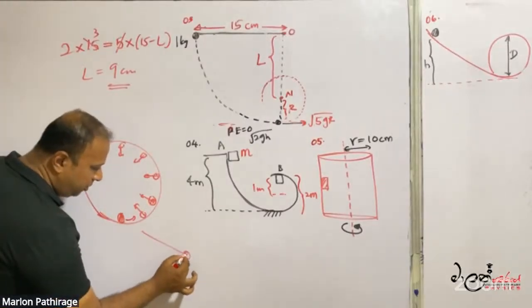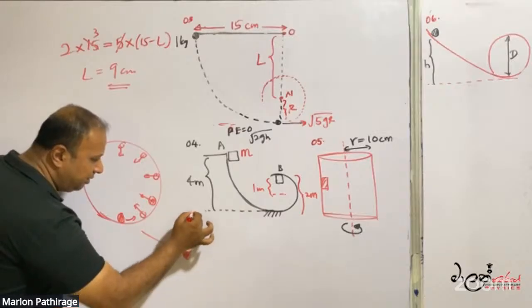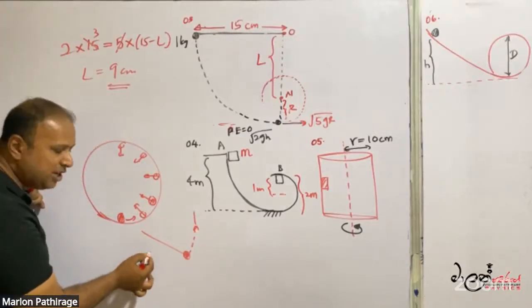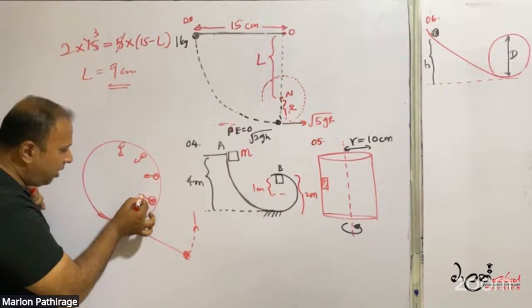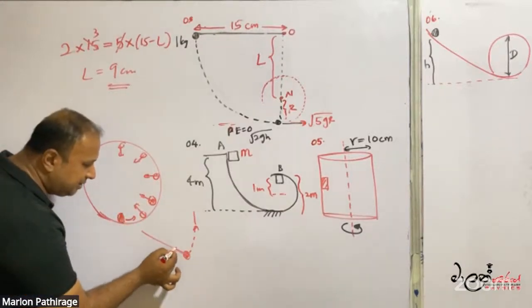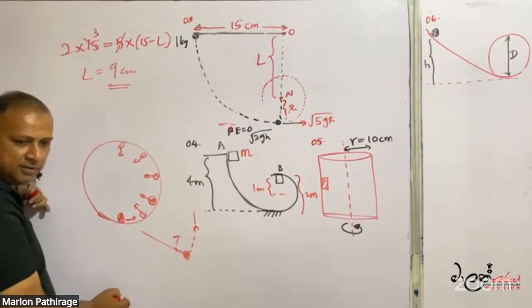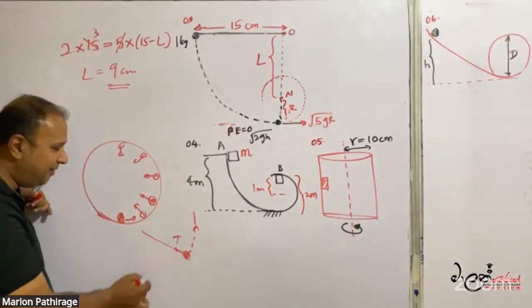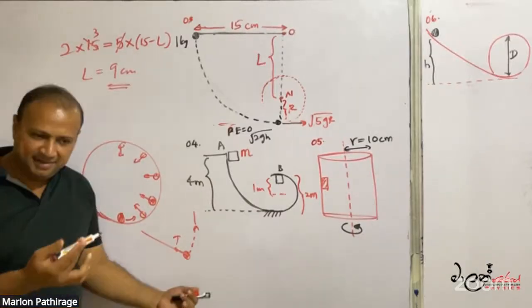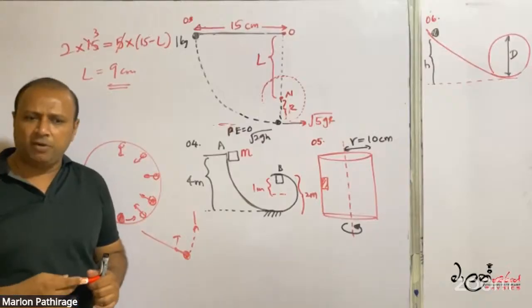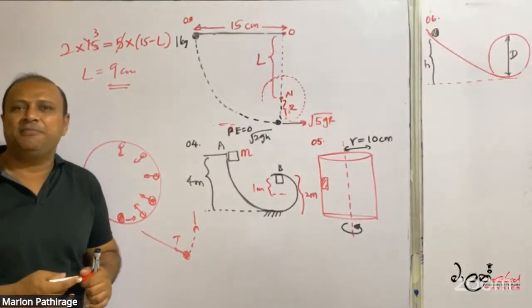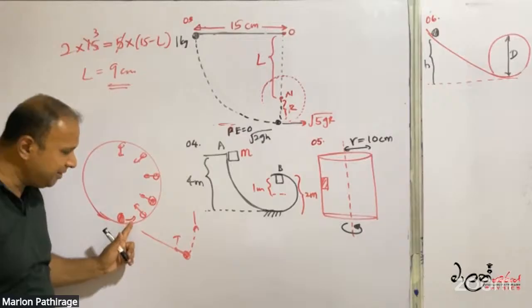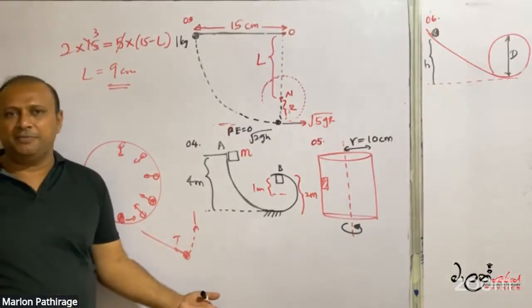If you rotate an object attached to a string, instead of reaction force there is a tension force. The only change is the type of force. The direction and all the other things are the same.